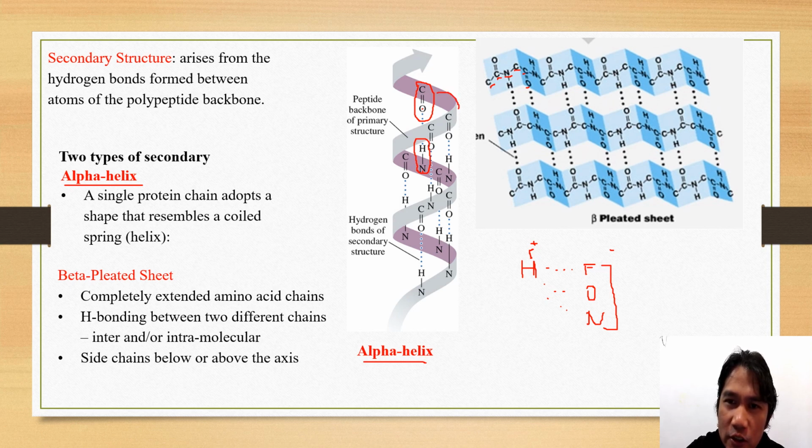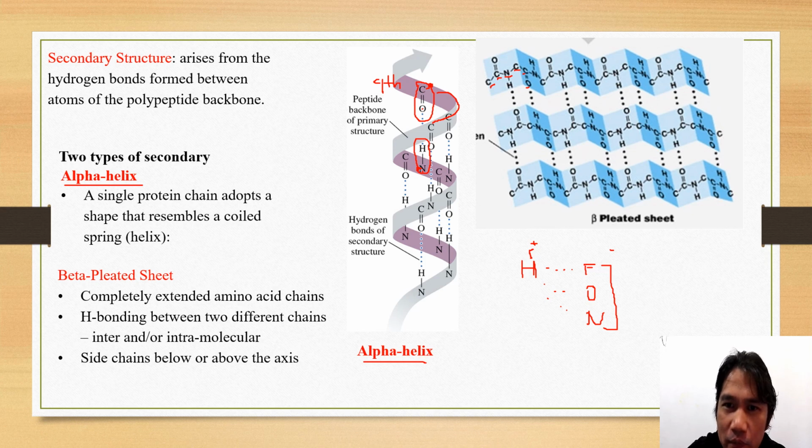The hydrogen bond between atoms happens every fourth amino acid. So for example, if this is the first amino acid here, this amino group would be the amino group of the fourth amino acid.